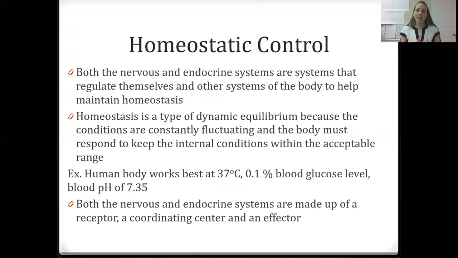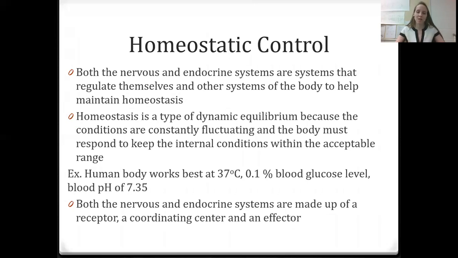So both the endocrine system and the nervous system help regulate the body's internal environment and maintain homeostasis, which just means keep the internal environment stable. Homeostasis is a type of dynamic equilibrium because the internal conditions are constantly fluctuating and the body must respond in ways and make these little changes and adaptations in order to keep the internal conditions within an acceptable range.